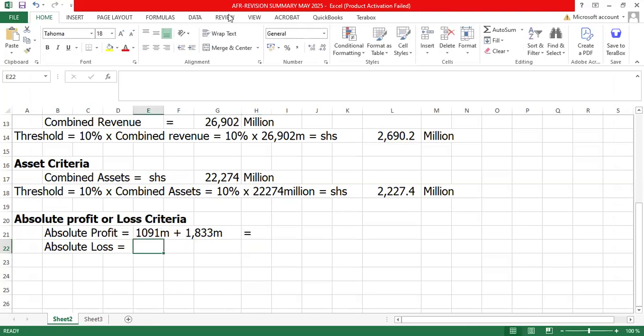You do the same for losses. For loss, you add the losses separately. This is 322 million plus 71 million. What do you get?